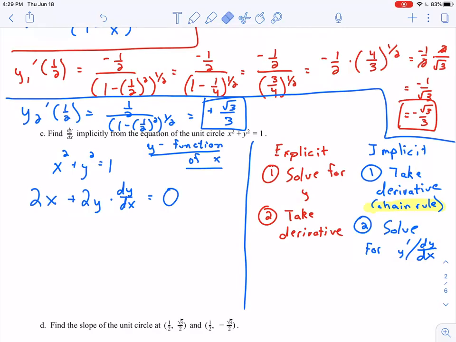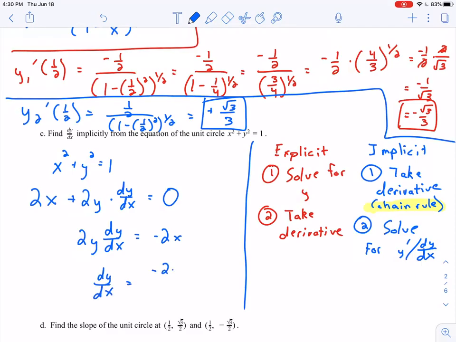Here I just have the one function, or I shouldn't say it's a function, I have this one relation. So now I'm just going to solve for dy dx. So okay, I'll subtract 2x. I've got 2y dy dx is equal to negative 2x. dy dx is equal to negative 2x over 2y. We can, of course, simplify that to be negative x over y. Well, hey, look at that.